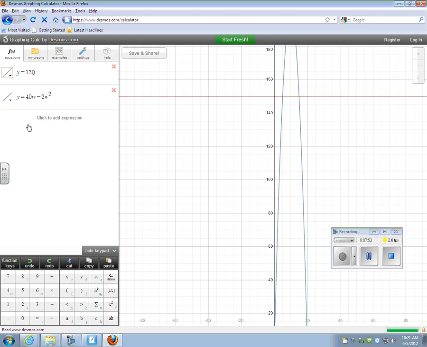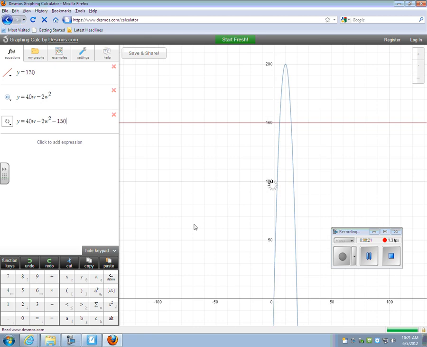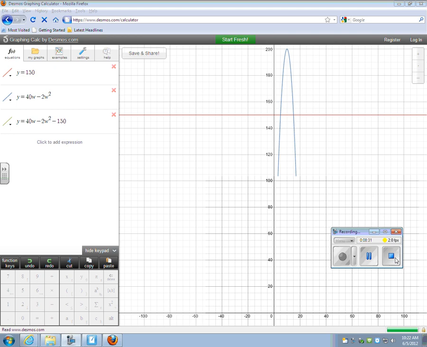So I said this would be the same as if we just went y equals 40W minus 2W squared, and then subtracted 150. I said I could also use this strategy. Whoops, I have to graph correctly. Minus 150. If I graphed this correctly, I said this would be the same as my intercepts. So let's see where my green graph is going to come up. I'm going to pause and hopefully. Okay, so it looks like it wasn't snapping very well.